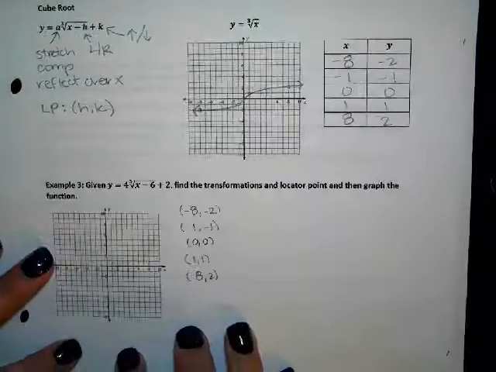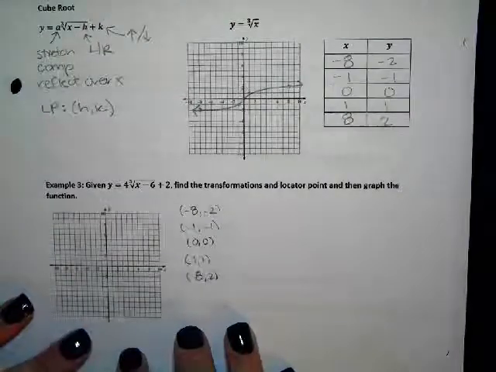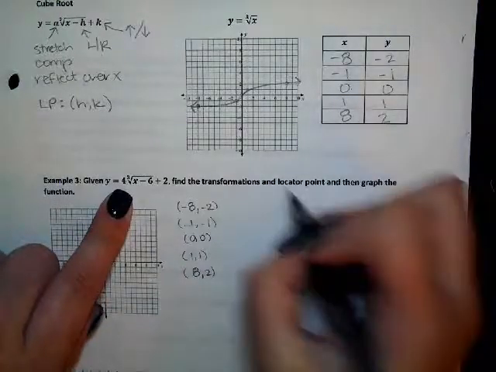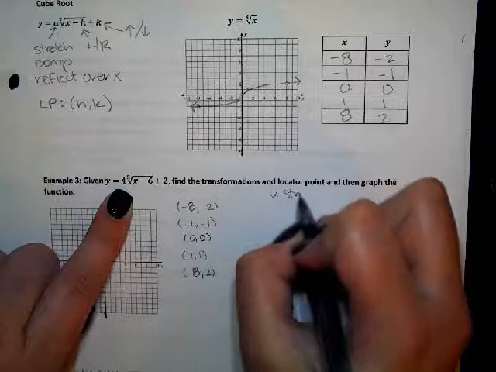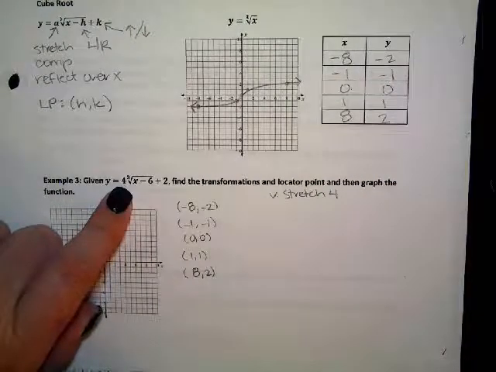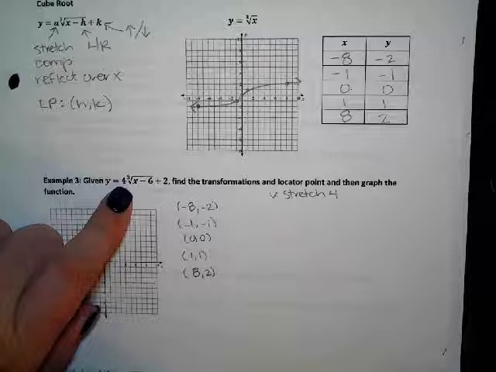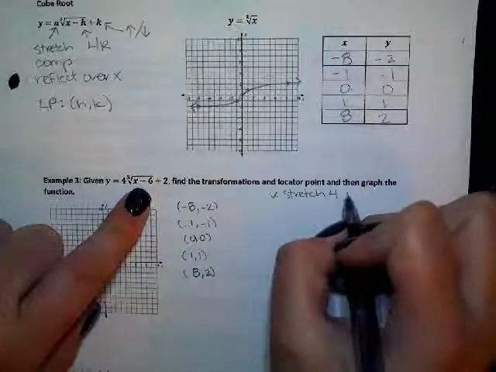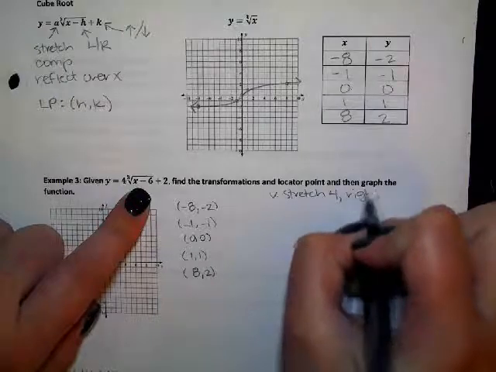All right, what transformations do you guys see in that equation? I'm saying vertical stretch because in pre-cal you learn about horizontal stretches and compressions. So we're getting a good habit now by saying vertical. What else do we have? Right 6. Up 2.